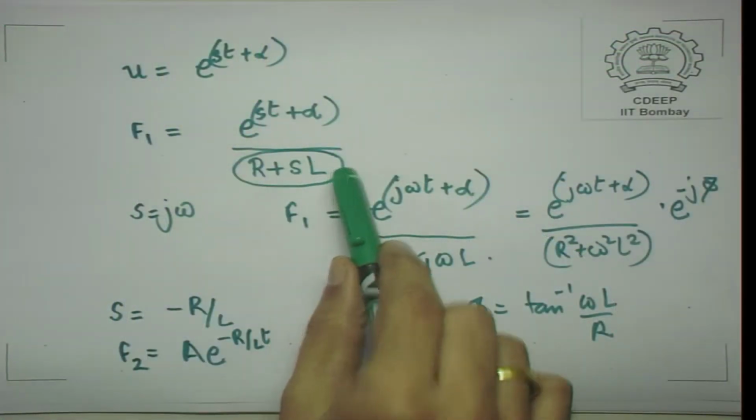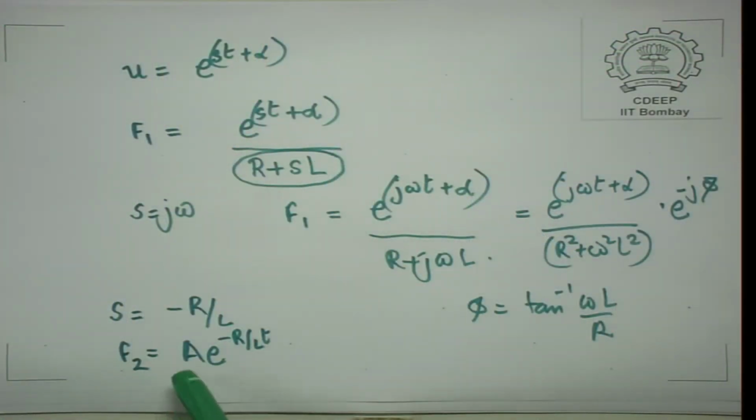So, instead of actually working out what the entire response can be, you can first obtain, in case of inputs which are DC or sinusoids or of this nature, the forced response directly and then infer A from the fact that the initial conditions ought to be satisfied. So, this is an interesting trick which relieves you of the burden of trying to do a very detailed integration and so on.